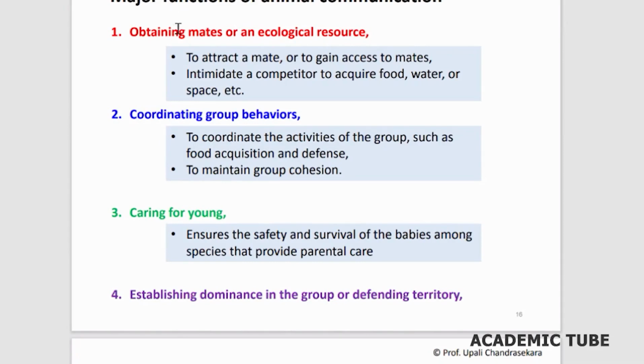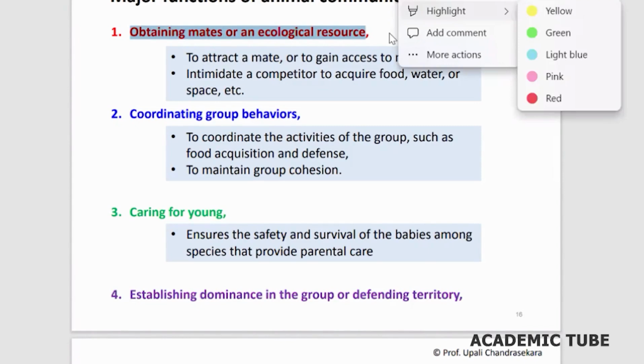And also, if the animal gets an ecological resource, it will survive. If it survives, it can reproduce again and again. So these two are important in leaving a lot of their genes in the environment. Even if they die, their genes will remain in the environment. That ensures its long-term survival.